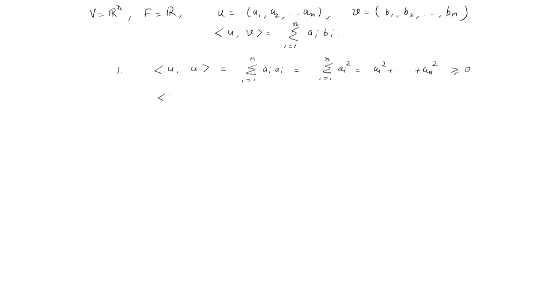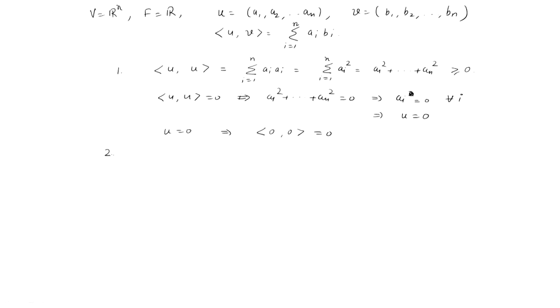And this inner product is equal to 0 if and only if, if it is equal to 0, this implies the sum of Ai squares is equal to 0, and this implies Ai equals 0 for all i. This means U equals 0, and of course, if U equals 0, then the inner product of 0 comma 0 is of course 0 by this definition. So, the first property holds.